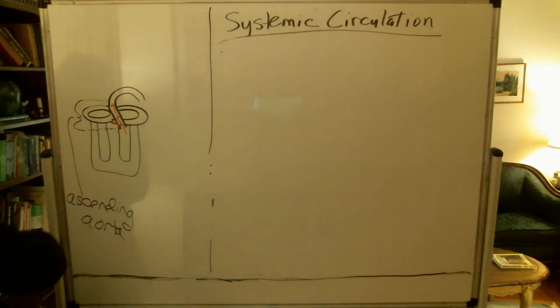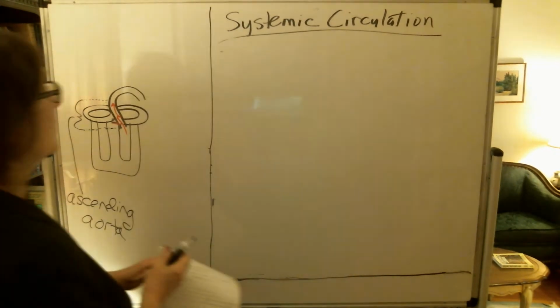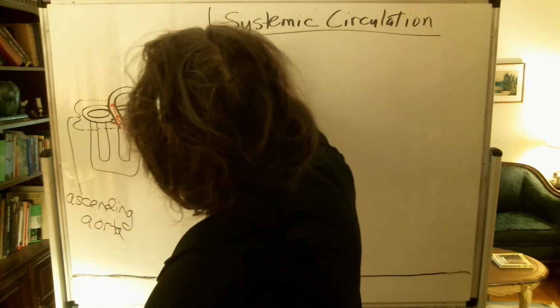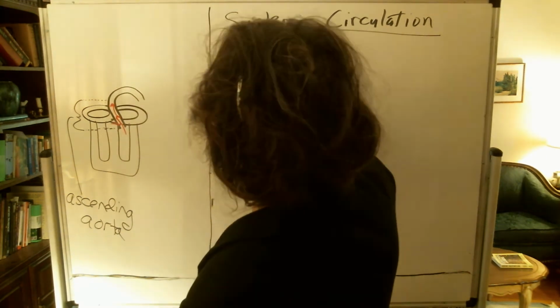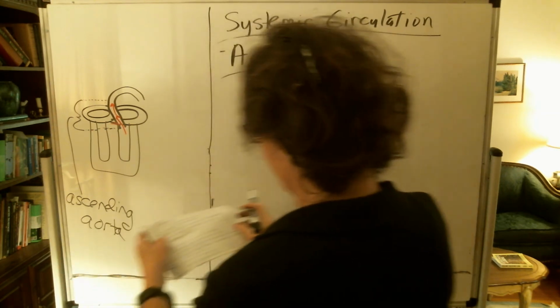Okay, so that's the ascending portion of the aorta. Then we have the aortic arch.